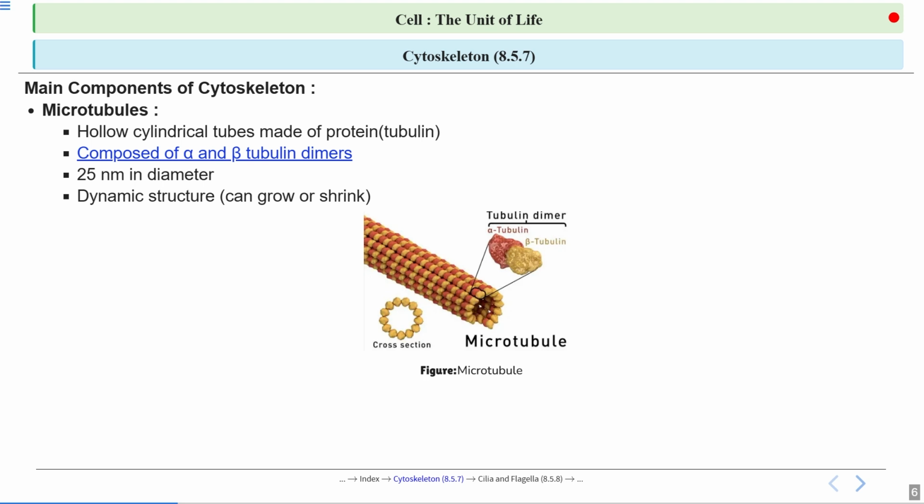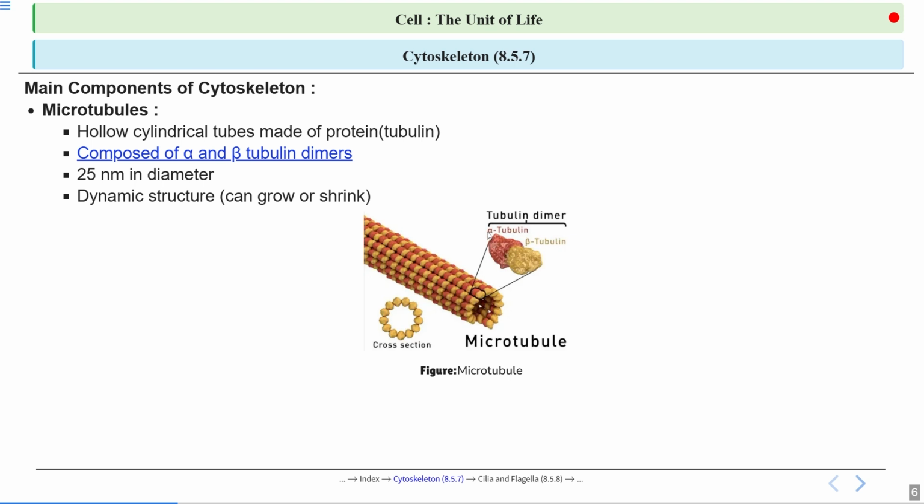Here you can see the image showing the microtubule. They've shown the cross section also, so you can see they are hollow from inside. They have a cavity inside and are cylindrical tubes made up of alpha and beta tubulin dimers.